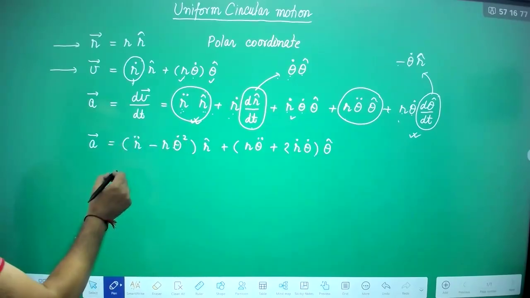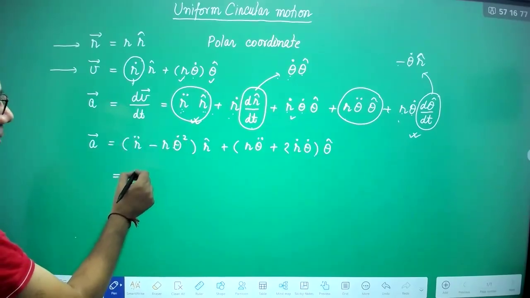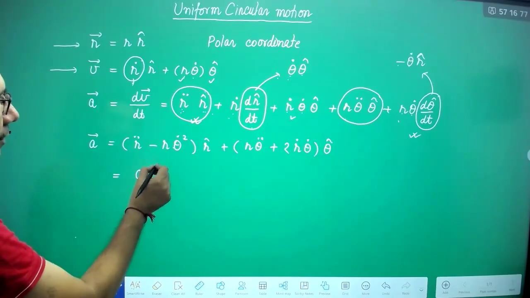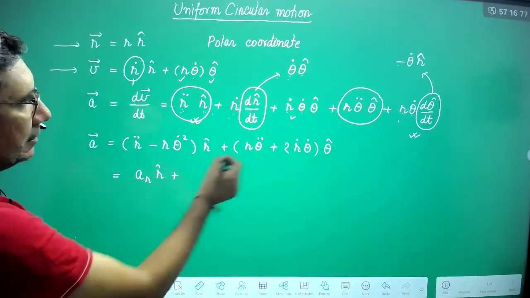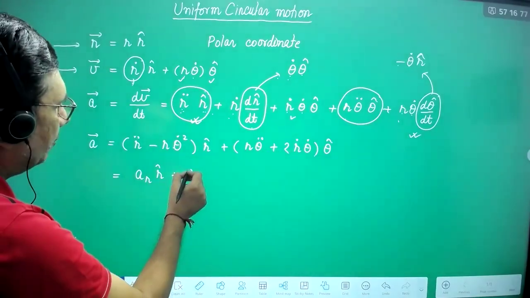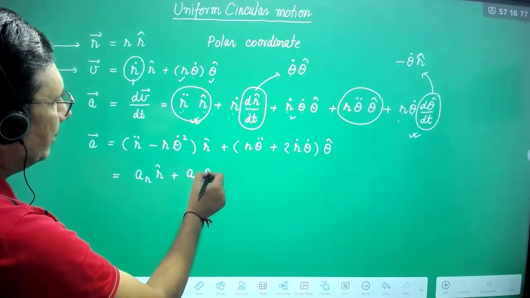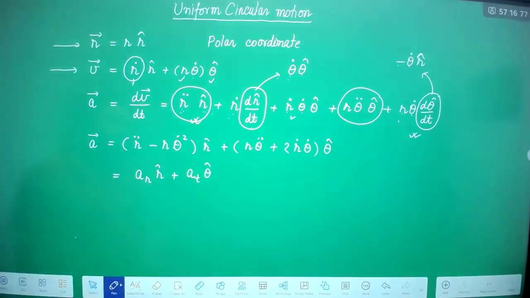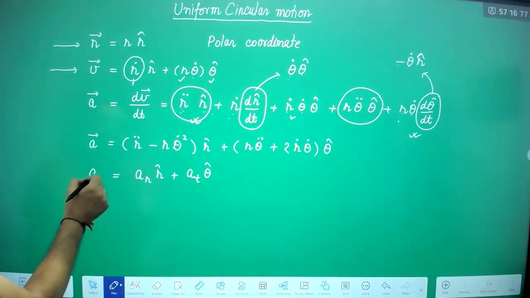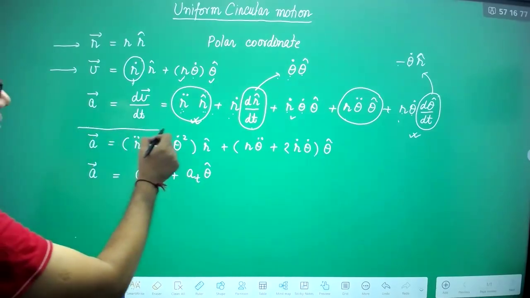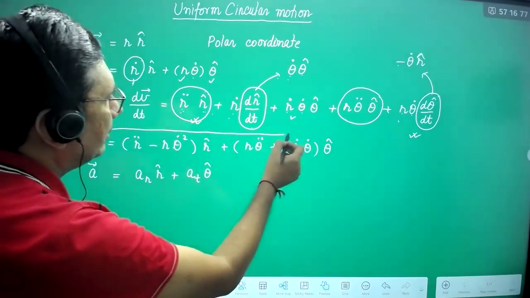So this component is called the radial component of the acceleration, AR R cap, plus this is called the tangential component of the acceleration, AT theta cap. So this is A. So basically the expression of the acceleration in terms of polar coordinates is this one.